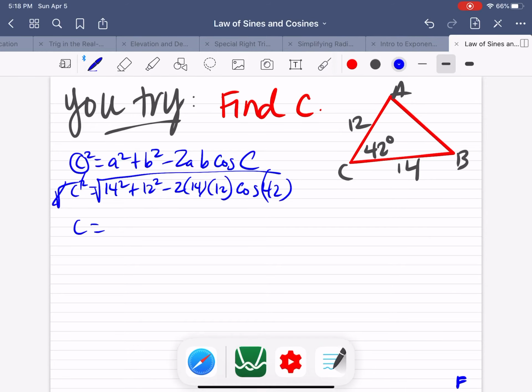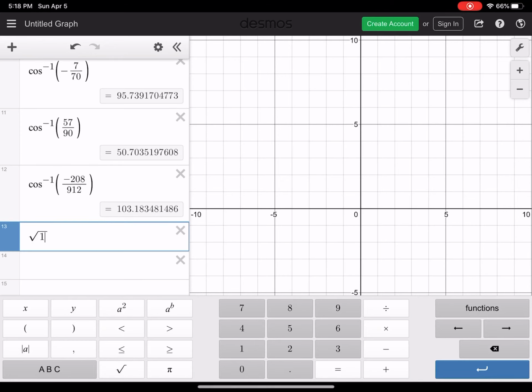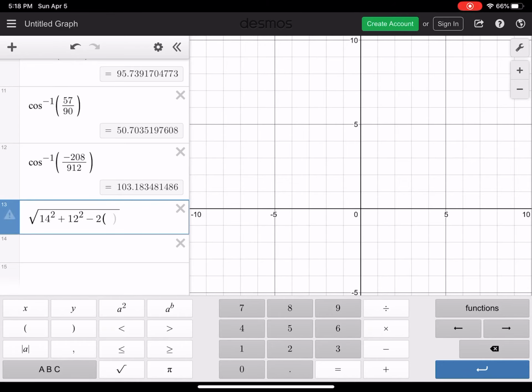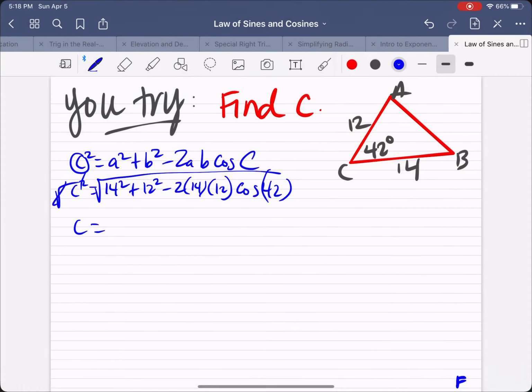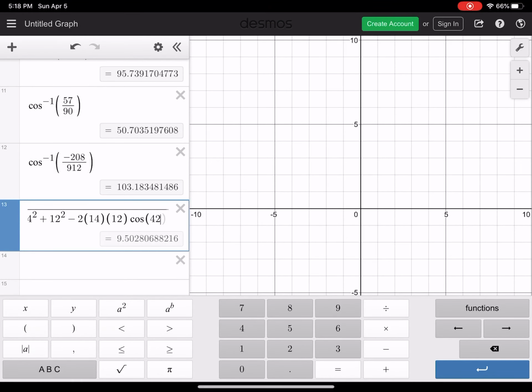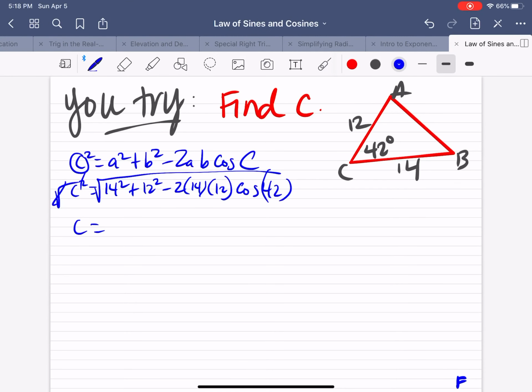So the square root of 14 squared plus 12 squared, minus, cosine of 42. So it is 9.5. So that is side C using the law of cosines.